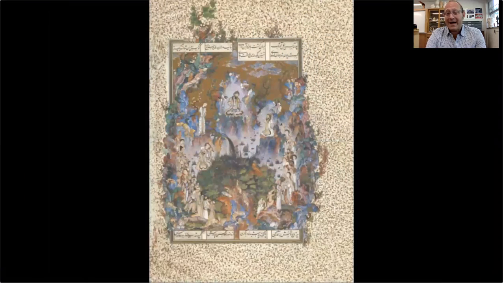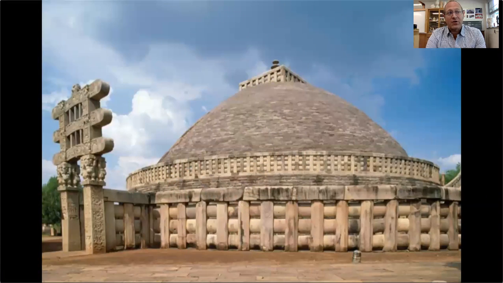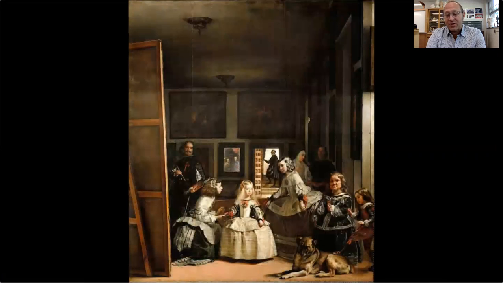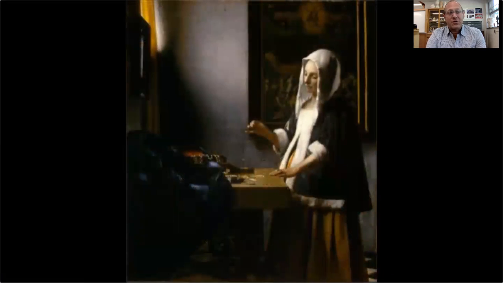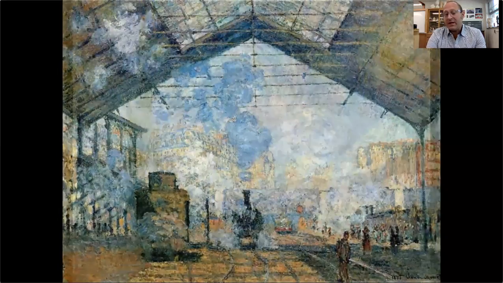Then they will learn about the content of the artwork. What is the narrative? What is the meaning of the artwork? Then they will learn about the function of the artwork. What purpose did the artwork originally serve, and did this function maybe change over time? We'll also learn about the context of each artwork. So the culture that it comes from, the artist that it came from, any movement, any political moments around the artwork.